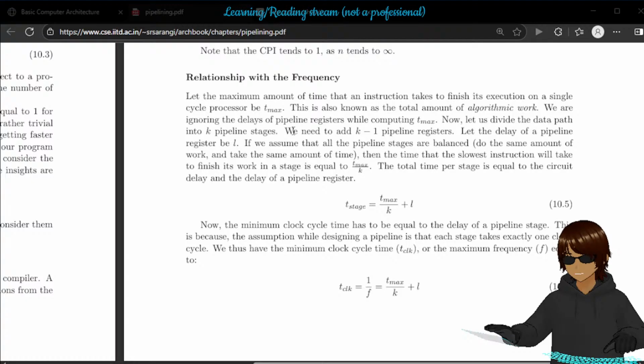Let me think about this. The data path has K pipeline stages. It takes T max time to go through all the stages. So one stage is T max divided by K, but we should also add the delay of the pipeline register, L.